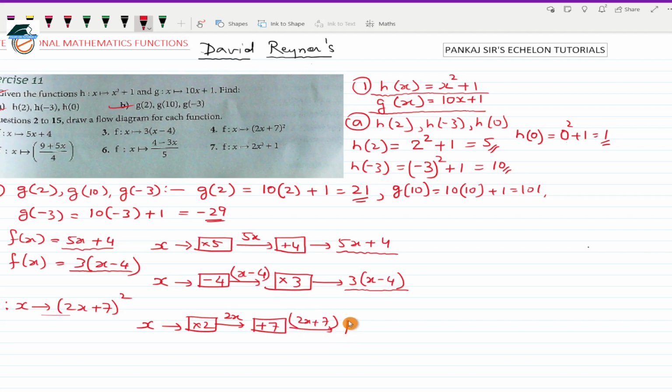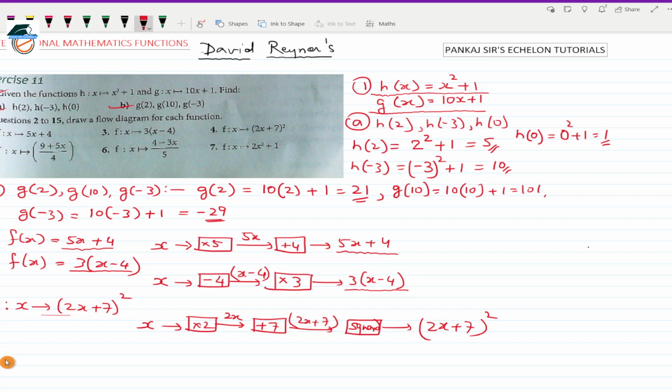Now it goes into the third step and it is getting squared. So I'll write here square. So what I'm getting is 2x plus 7 the whole square. Right? So this was the fourth one.